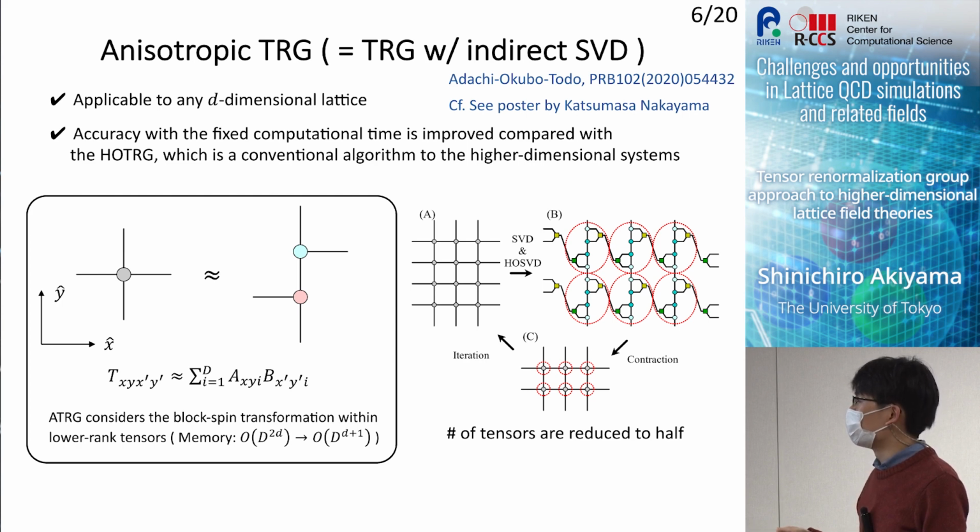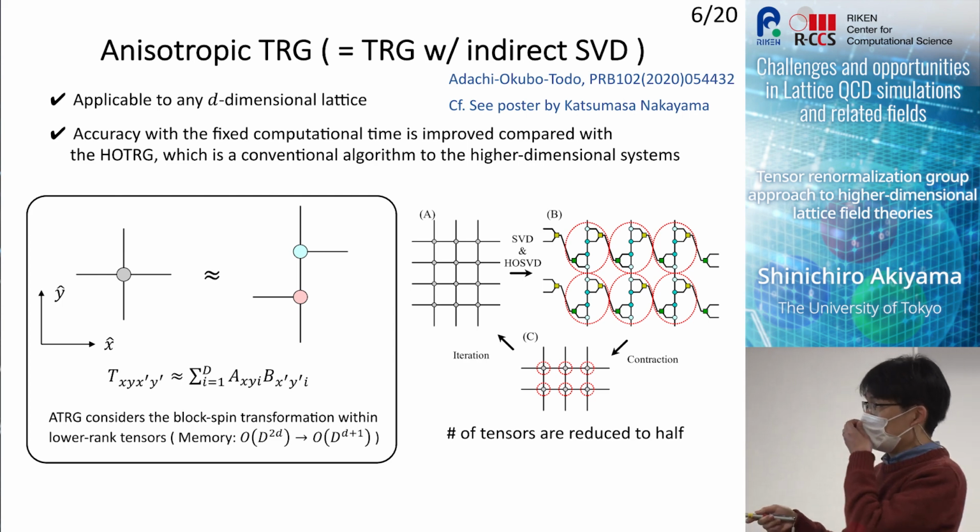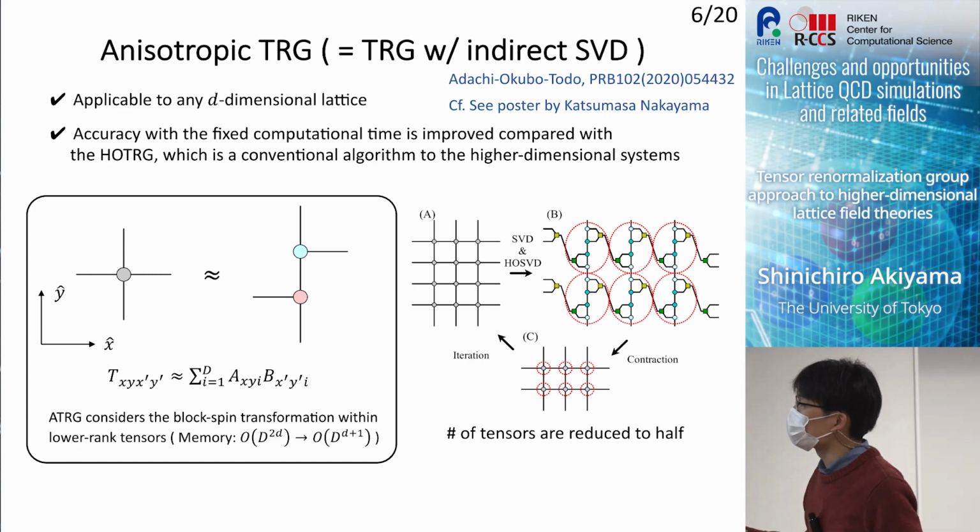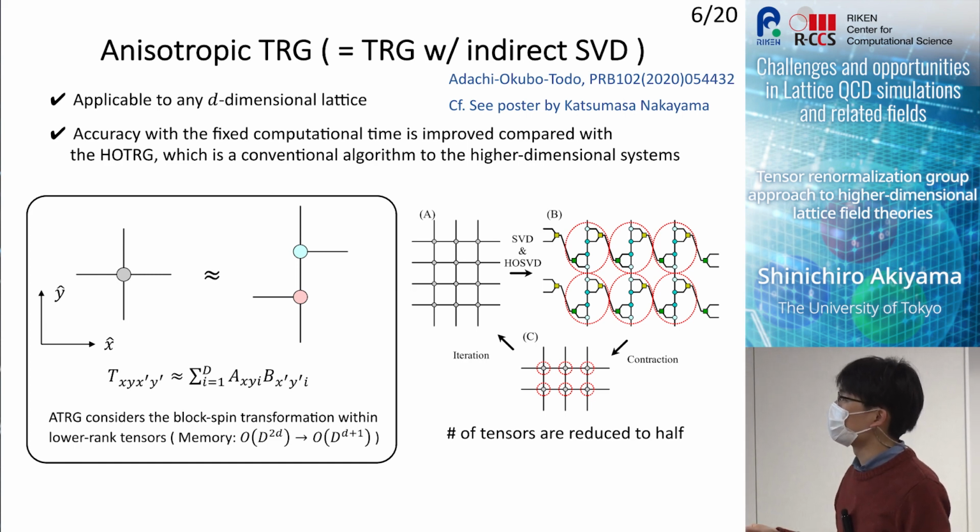Suppose we have a two-dimensional network as in the previous slide. The anisotropic TRG considers a low-rank approximation for each local tensor in advance, and we construct the block spin transformations not using the original tensors, but using these decomposed tensors.